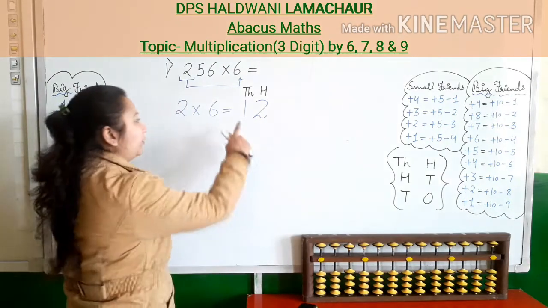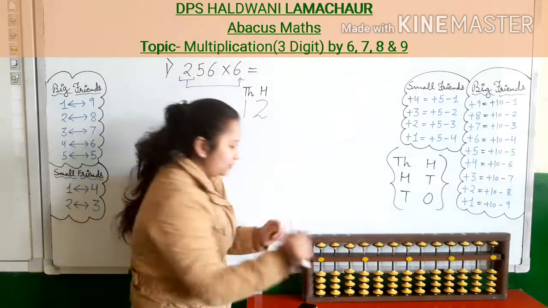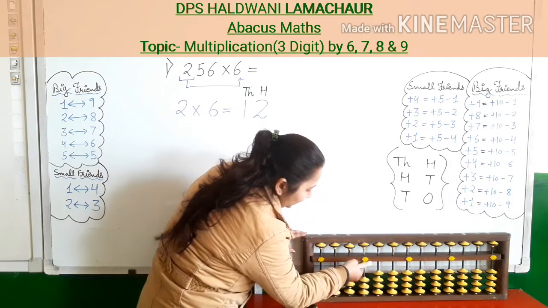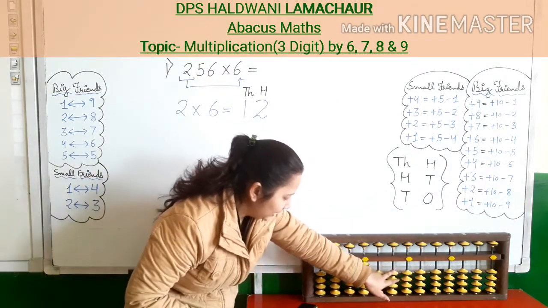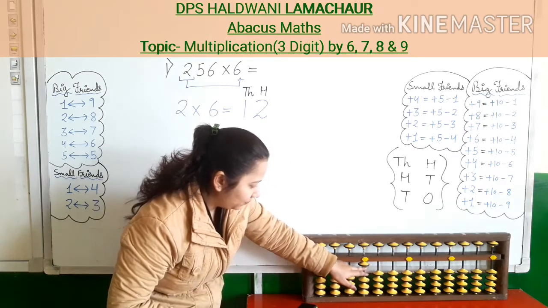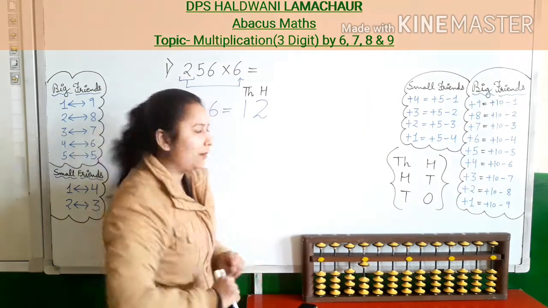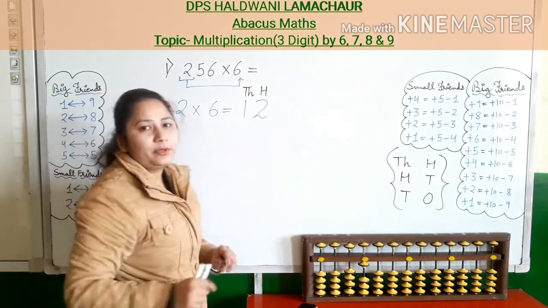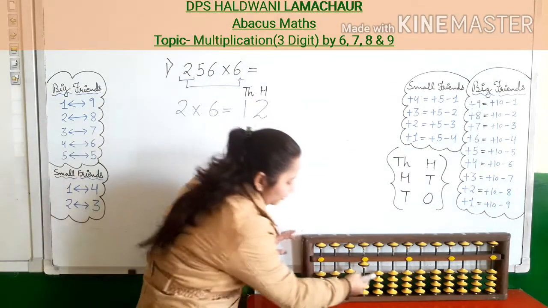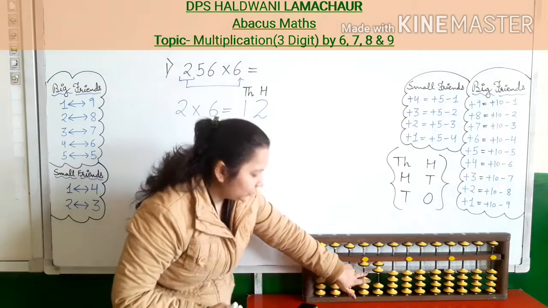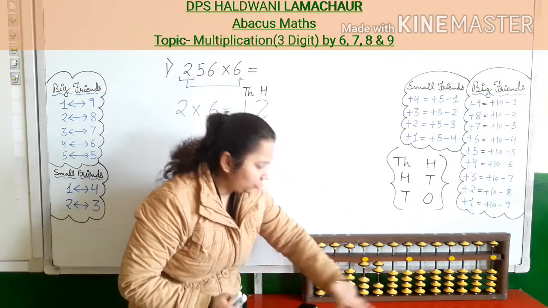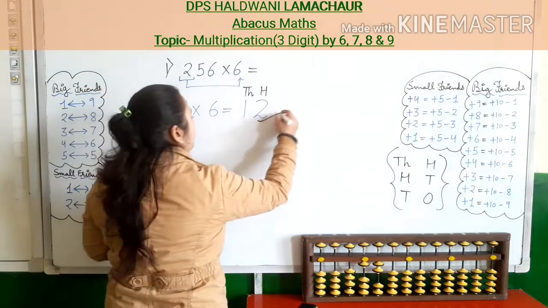Now first of all you will put this 1 in thousands rod. See, 1 means 1 bead up. So 1 I have put in 1000 means 1 bead up. Now next 2 you have to put in hundreds rod. 2 means 1, 2. See, thousands rod 1, hundreds rod 2 and this is completed.